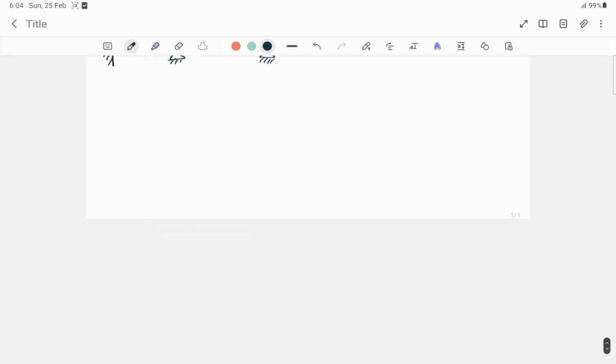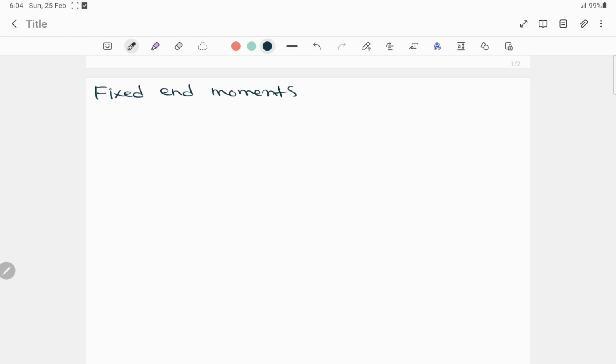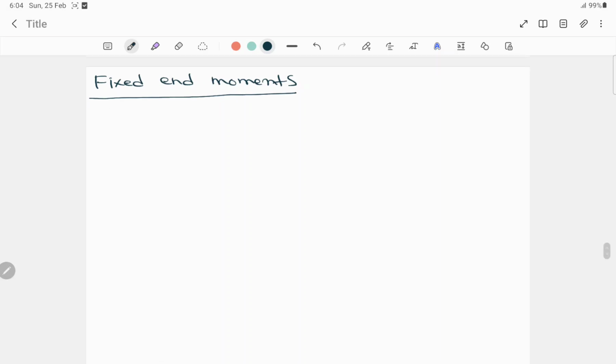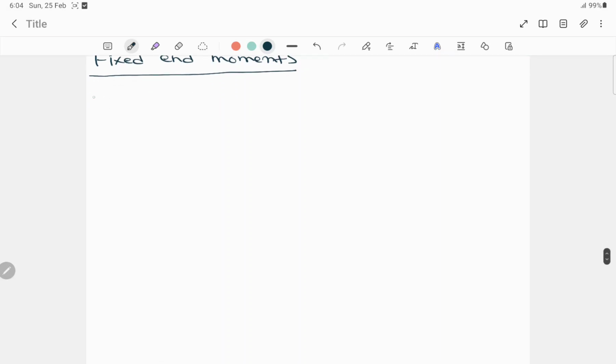These are the important terms which you have to remember, the fixed end moments. So for the fixed end moment, this is case 1. Suppose it's a fixed beam, and here W is the load, and this is the length.